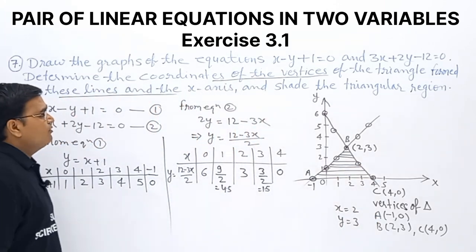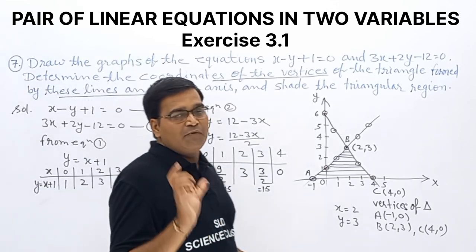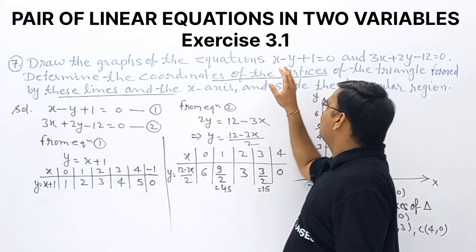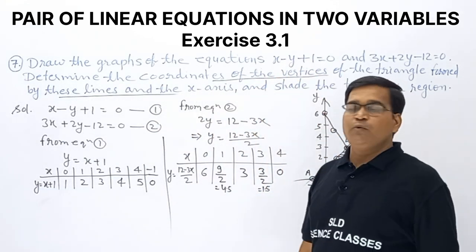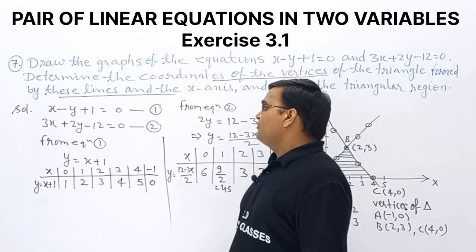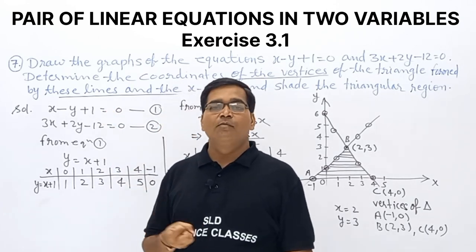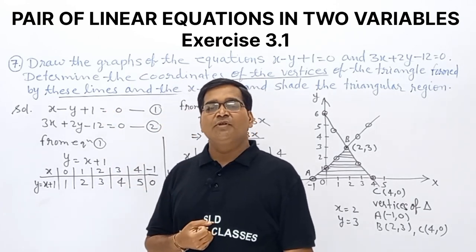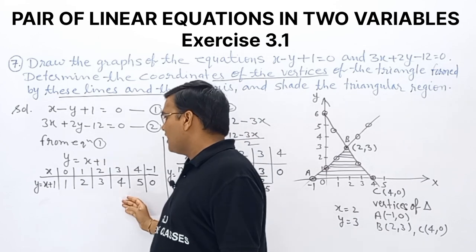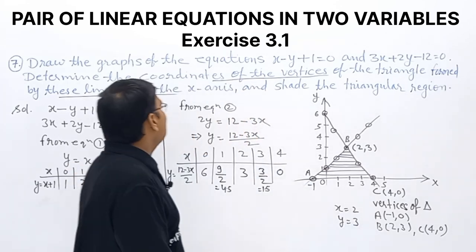Observe again what we did in this question. It is a simple question. We have two linear equations in two variables and want to draw a graph. To draw a graph, first we draw tables: for different values of x, we find the values of y, and in this way we get the coordinates of each equation.